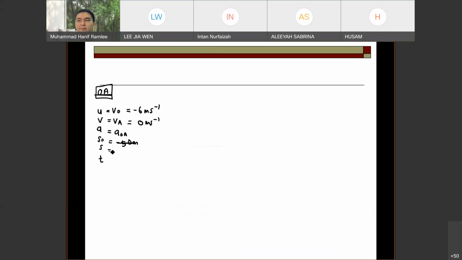S is unknown because we do not know S yet, so you can put SA because it belongs to A, from O to A. And T, of course, you already have that X value. You can put TOA, which is equal to X, 3.75 seconds. That's it.